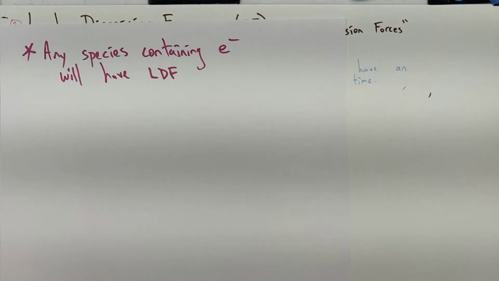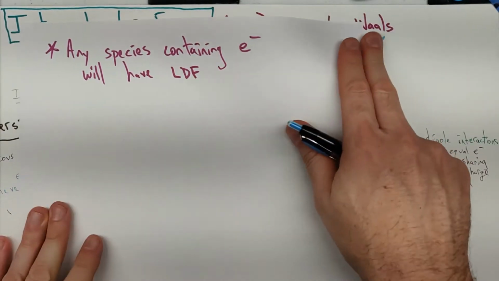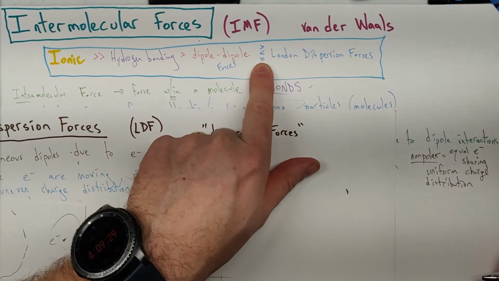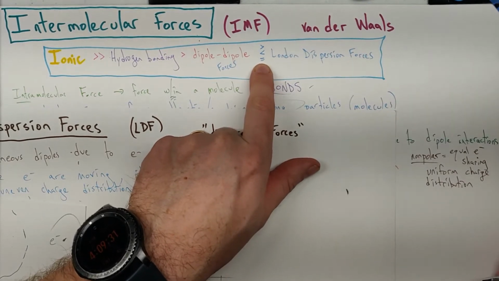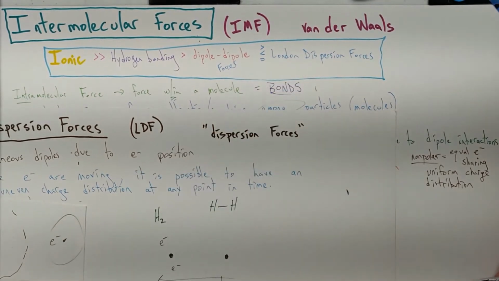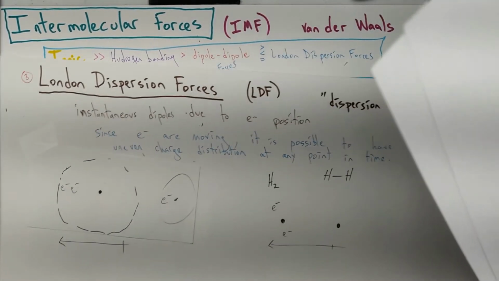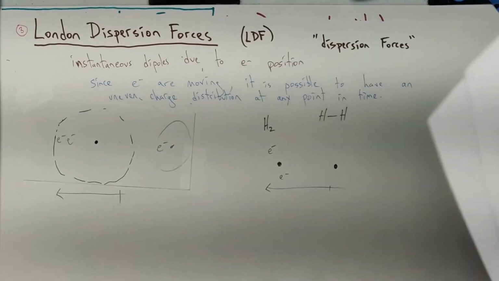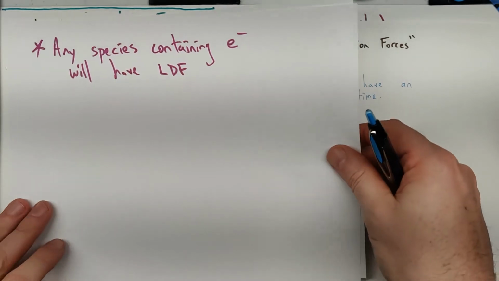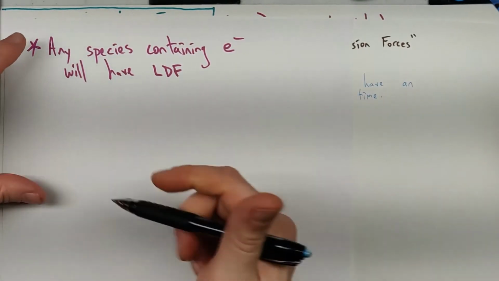We had written previously that London dispersion forces may be greater than, less than, or equal to in strength. And so how do we establish how strong a London dispersion force is? We look at something called polarizability, which sounds like a made-up word.